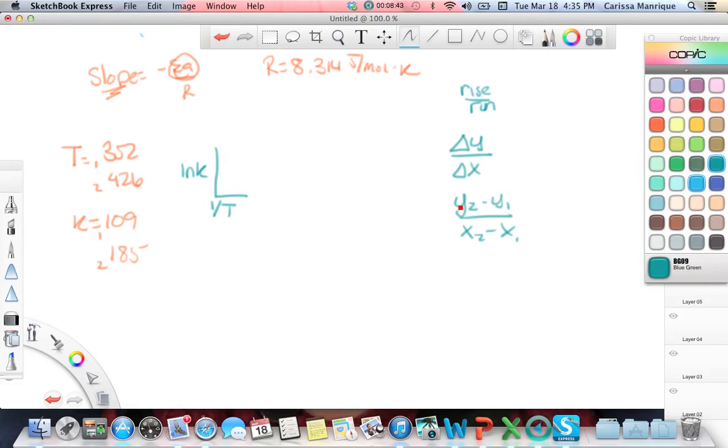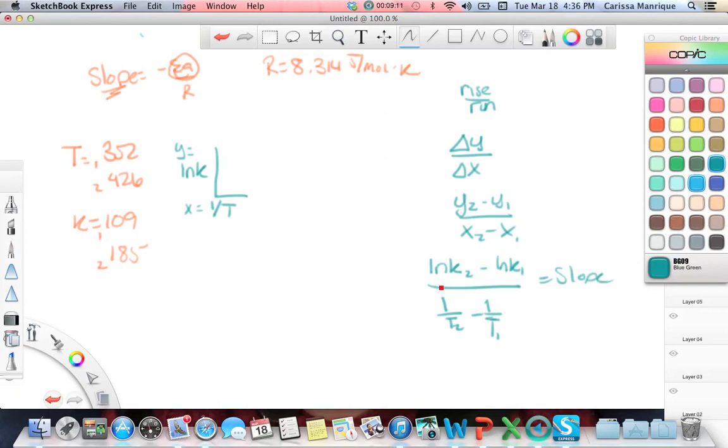So another way of saying this is natural log of k2 minus natural log of k1 divided by 1 over t2 minus 1 over t1. Okay, this is all equal to the slope.